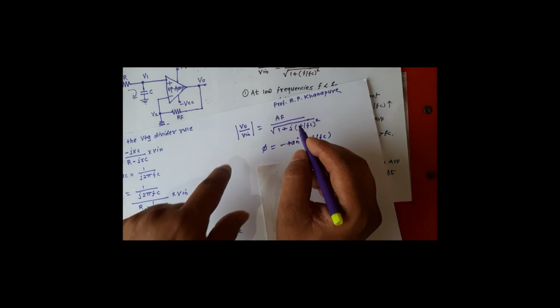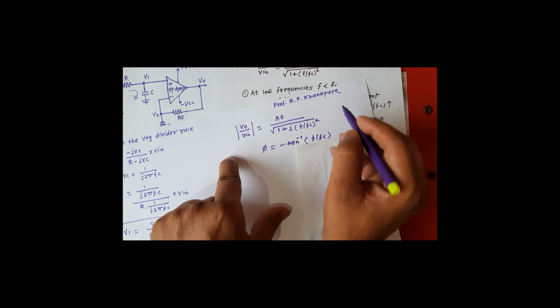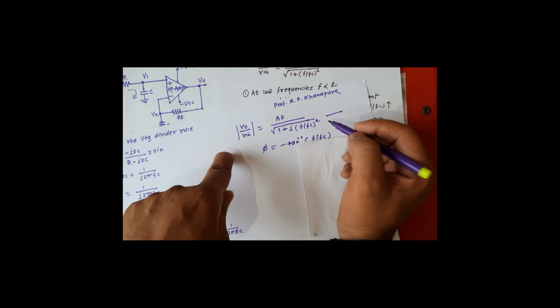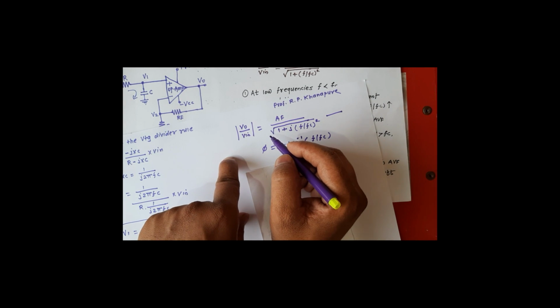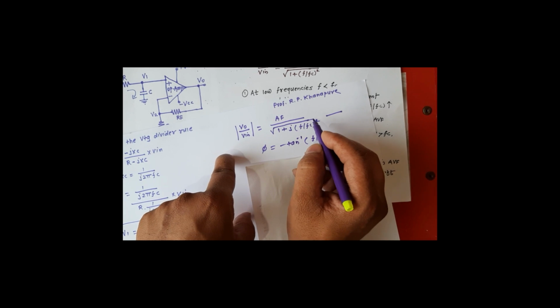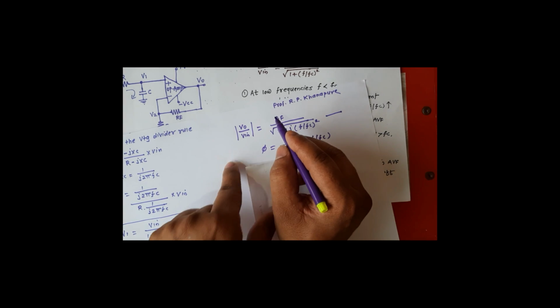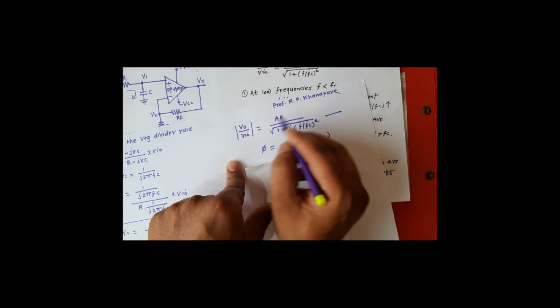So from the above equation, we can say this is the output voltage gain. The voltage gain for this first order Butterworth low pass filter is this one.